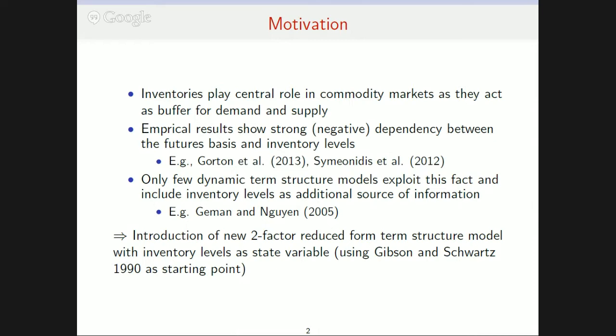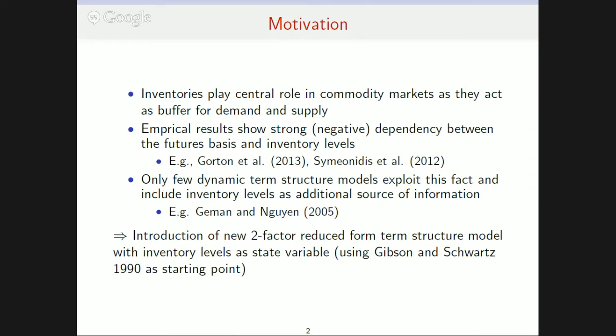There are now recent papers of Gorton, Hayashi and Rouwenhorst in 2013, but also Symeonidis et al., who used real-world inventory data and performed an empirical study. They could show that the futures basis can be significantly explained by inventory levels.